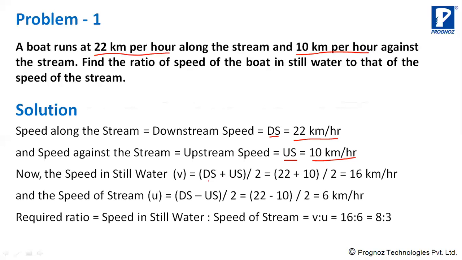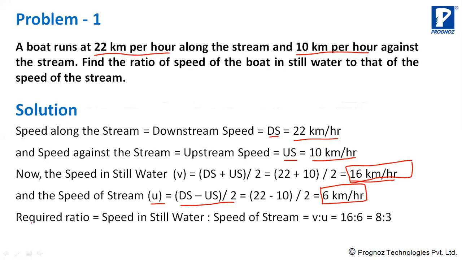We have seen earlier, this is the formula. So 22 plus 10 by 2 is equal to 16 kilometers per hour. This is the speed of the boat in still water. And speed of stream, u, is equal to ds minus us by 2, which is 22 minus 10 by 2, equal to 6 kilometers per hour. So speed of boat in still water is 16 kilometers per hour, and speed of stream is 6 kilometers per hour.